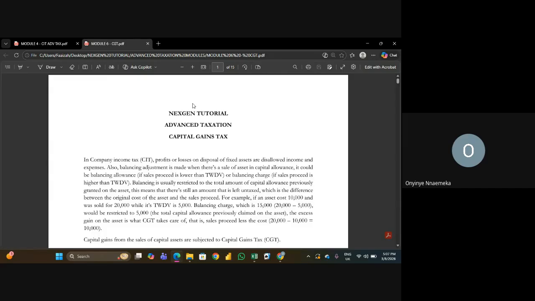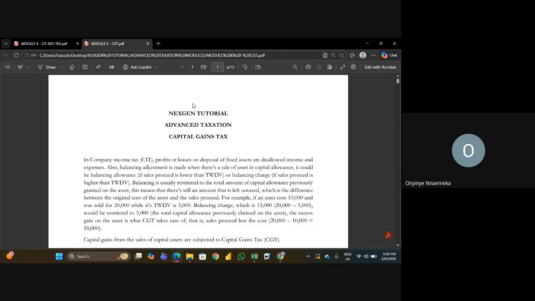What I just read, I hope everybody understands because I discussed it at length when we were discussing capital allowance. So when we are computing balancing charge from the sale of an asset, we restrict the balancing charge to the total amount of capital allowance that you have enjoyed on that asset before.